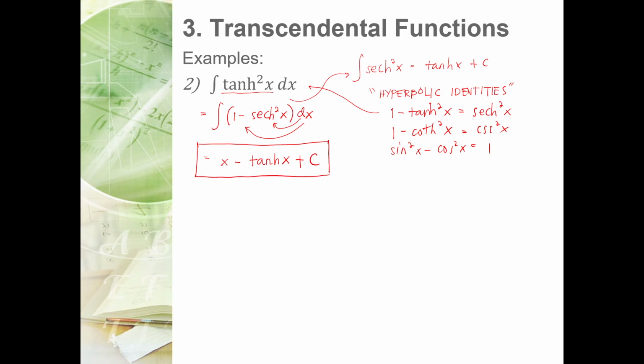Notice that to answer this one we only have two lines, but if you don't know your hyperbolic identities, you cannot answer the equation given above. So questions? I think you just need to review your hyperbolic identities.